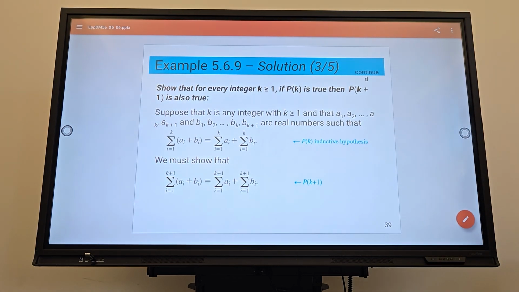Now show that for every integer k greater than or equal to 1, if P_k is true, then P_(k+1) is also true.